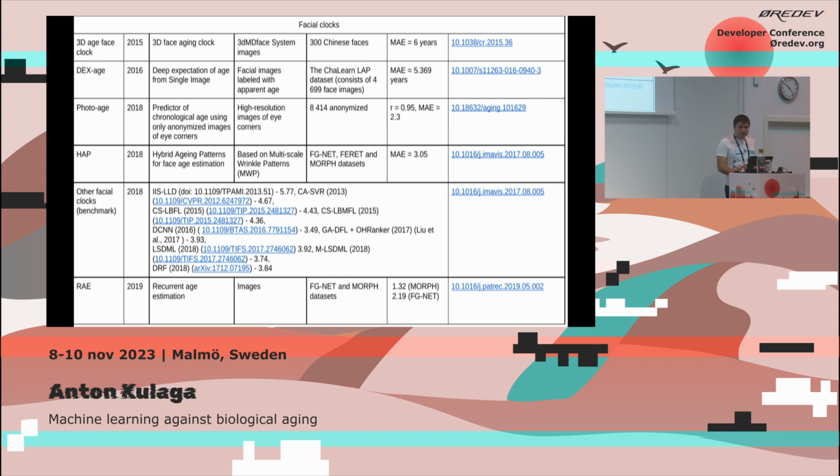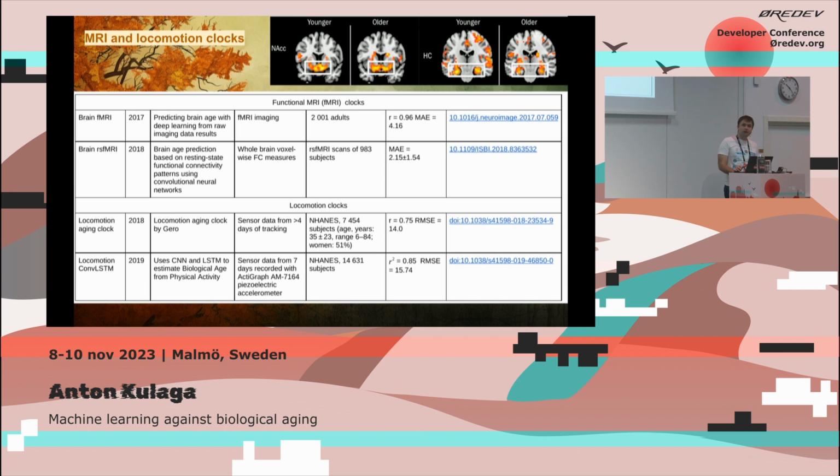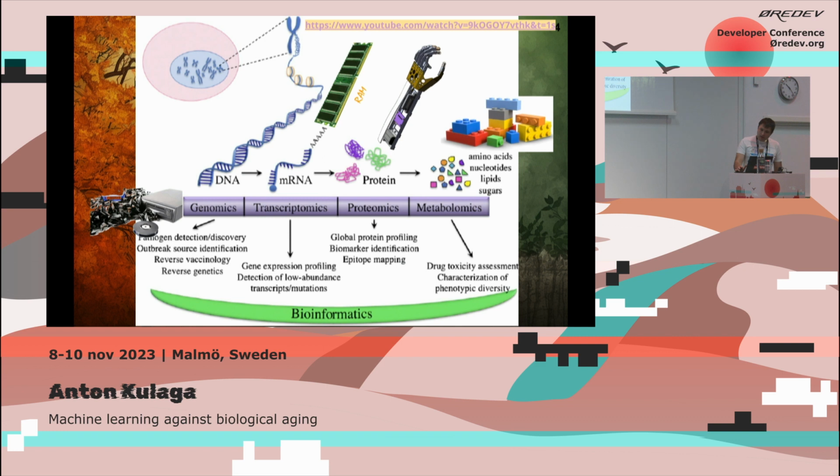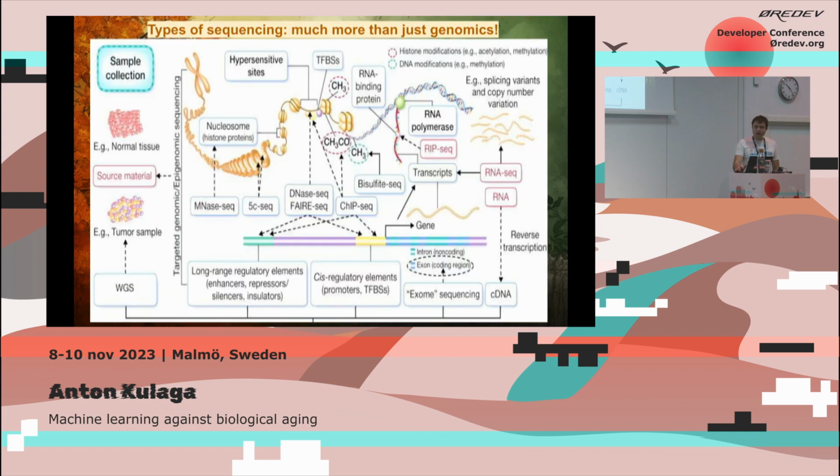Then there are also other things like 3D aging clocks, like fMRI clocks, and different clocks focus on different issues. Like for brain aging, probably the MRI head clock is the best. And also, if we talk about what we know about genomics, transcriptomics, proteomics, we can also have clocks with this.